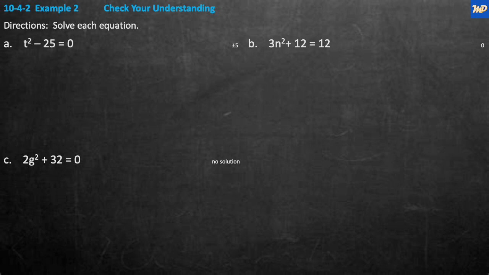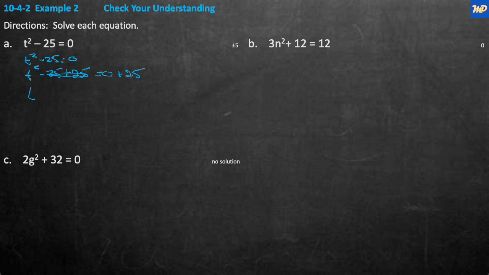So what did we do in the last one? We wrote the equation, t squared minus 25, and I always like to write the equation equals 0. Now we're going to solve for t. So t squared minus 25 plus 25 is equal to 0 plus 25. These two 25s cancel each other.